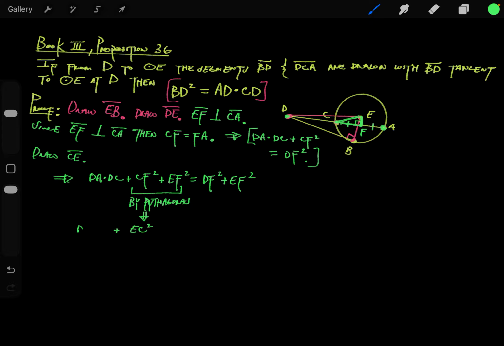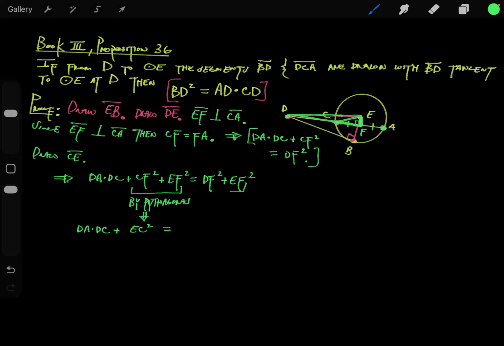And I got DA times DC plus EC squared is equal to, and now if we look again, EF squared, this length, and then DF squared must be DE squared.